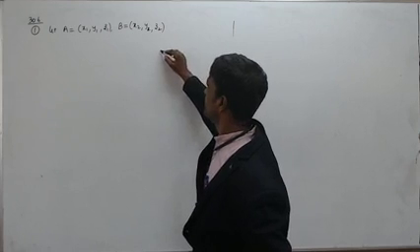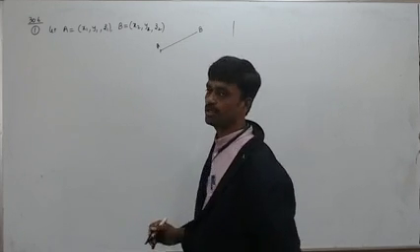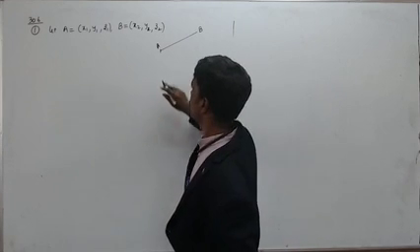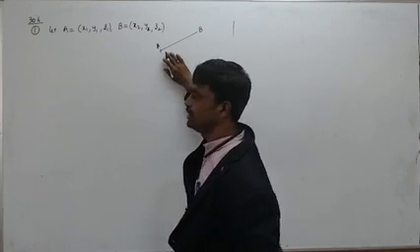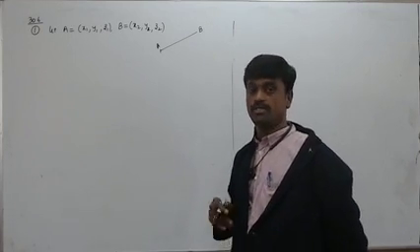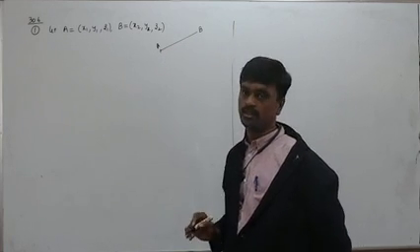So let the line segment be AB, whose coordinates are x1, y1, z1, x2, y2, z2. Given that the projection of this segment AB on the x-axis is 2, on the y-axis is 3, on the z-axis is 6, we have to find the length of this segment AB.